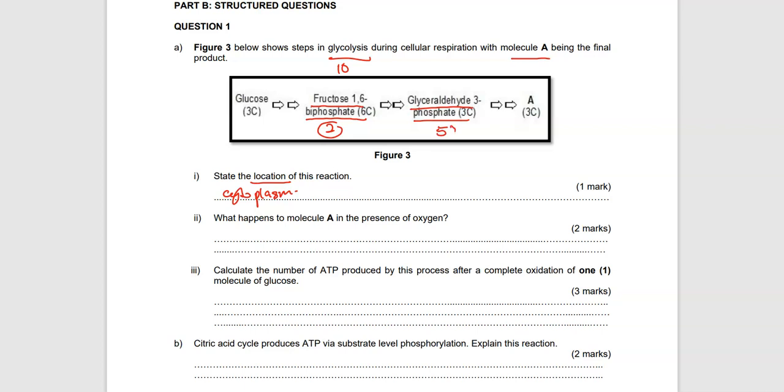So step 5 will produce basically 2 molecules of G3P that will enter into step 6 until 10. So for step 6 until 10, every intermediate and product you have to times by 2. So at the end of glycolysis, which is at step 10, it produces molecule A, which is pyruvate.